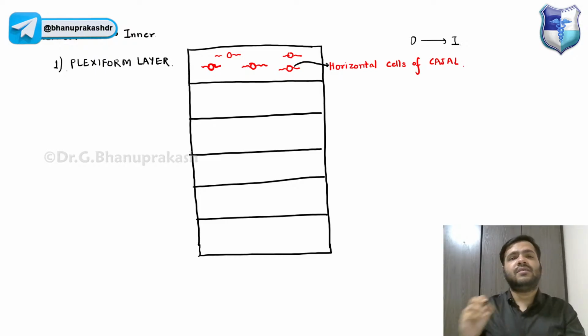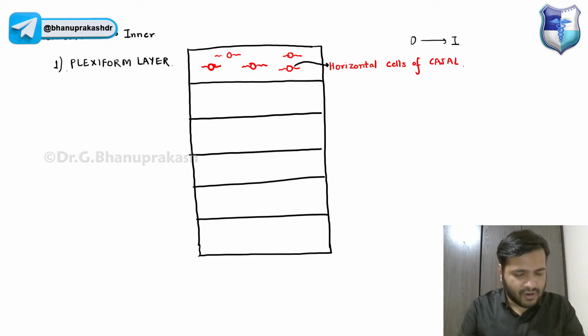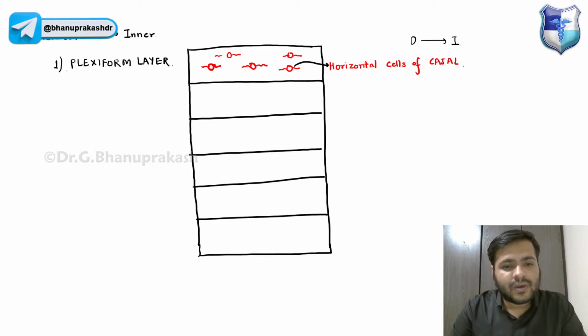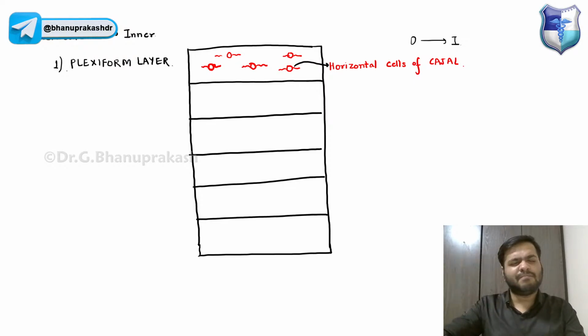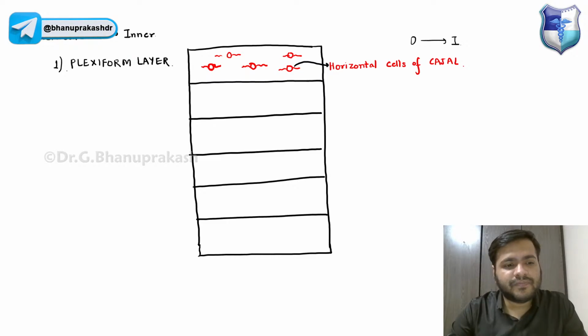You will see these in this plexiform layer. These are basically the supporting cells, scattered around in this particular layer.